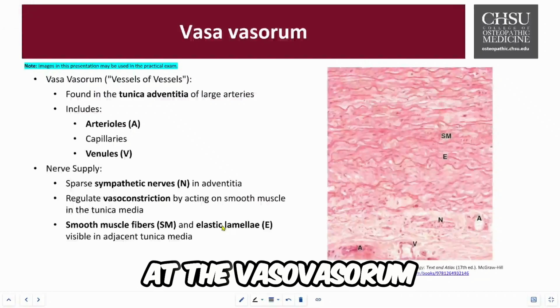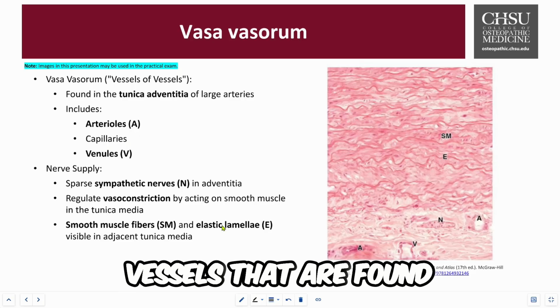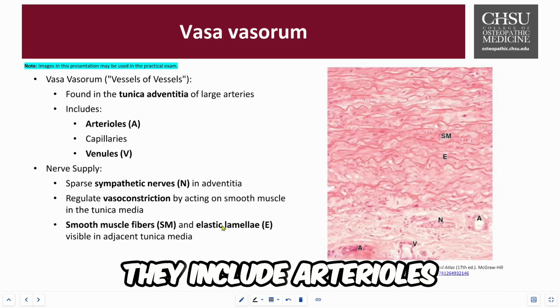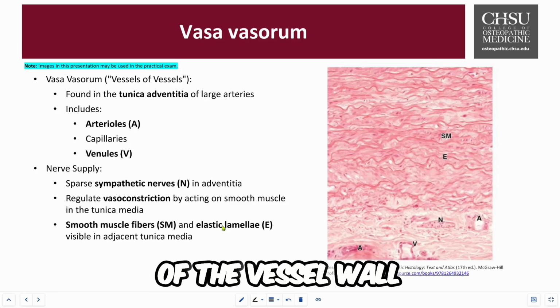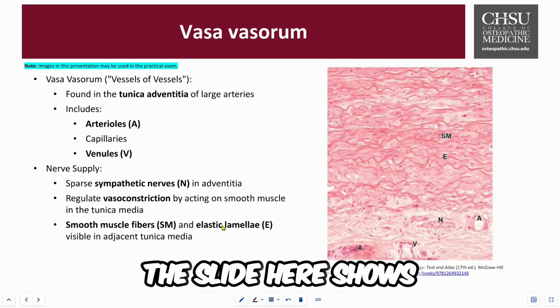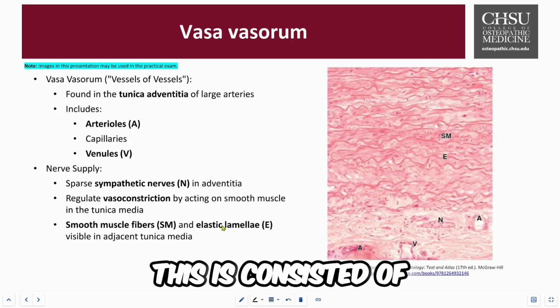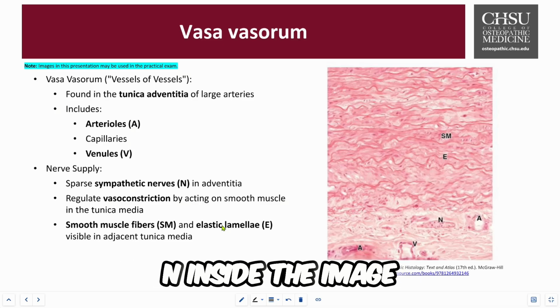Next, let's take a look at the vasa vasorum. The vasa vasorum are a network of small blood vessels that are found inside the tunica adventitia of large arteries. They include arterioles, capillaries, and venules, and provide metabolic support to the outer layer of the vessel wall. The slide shows that there is sparse nerve supply in the adventitia, consisting of sympathetic nerves. We abbreviate that as N inside the image.